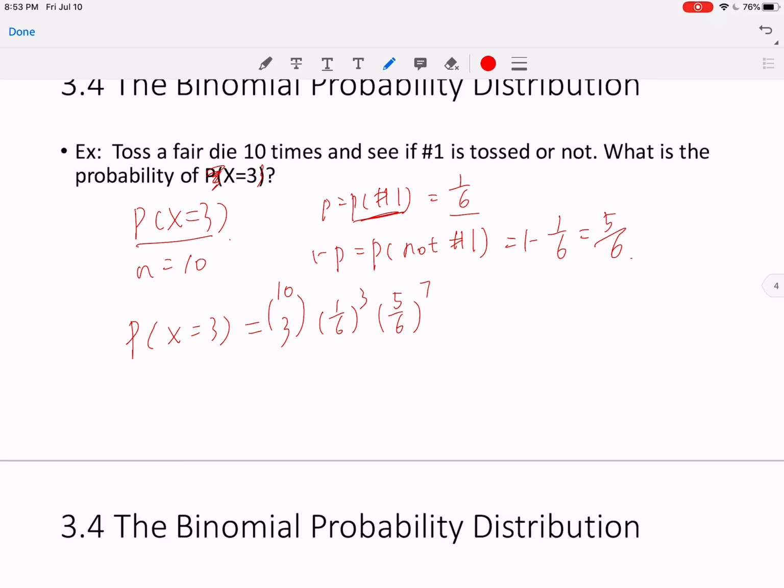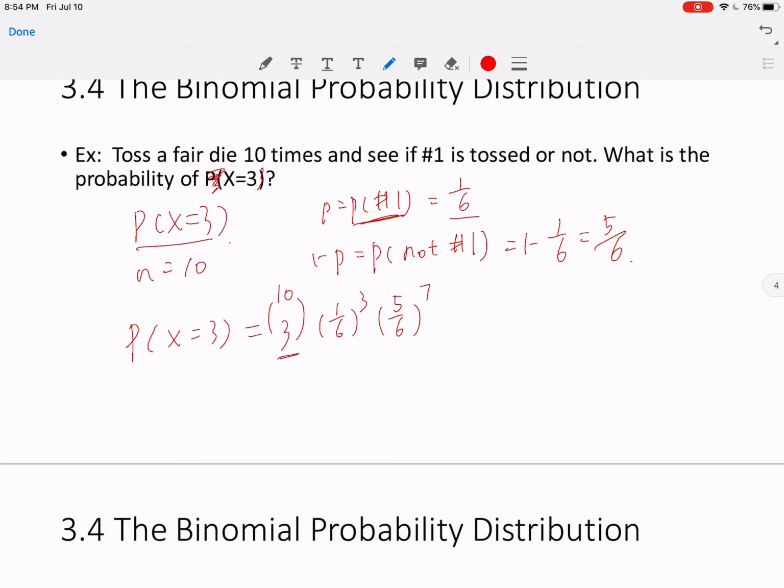It could be the first toss, second toss, or the first toss are the ones, and other tosses are not ones. So we're going to have this amount of different combinations, which is 10 choose 3. Okay, we're going to choose 3 out of 10 to be the ones, and then the other 7 would be not 1.